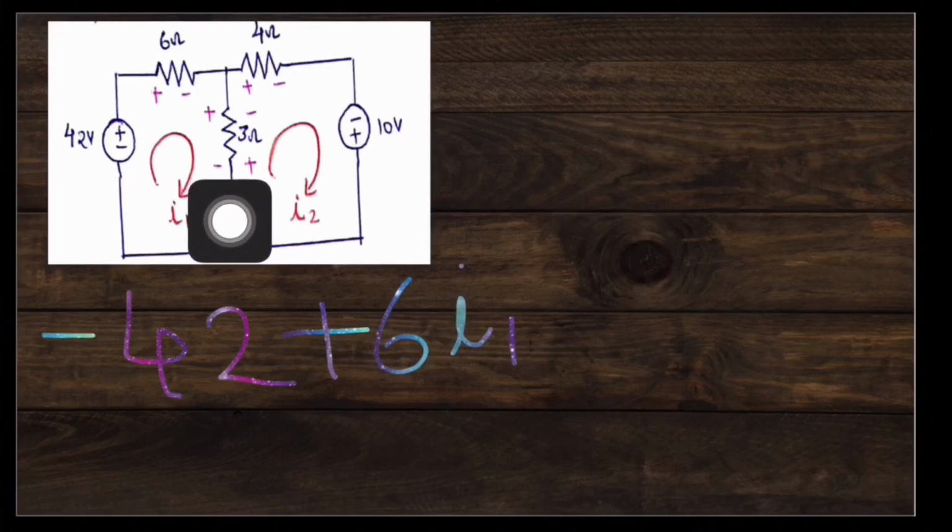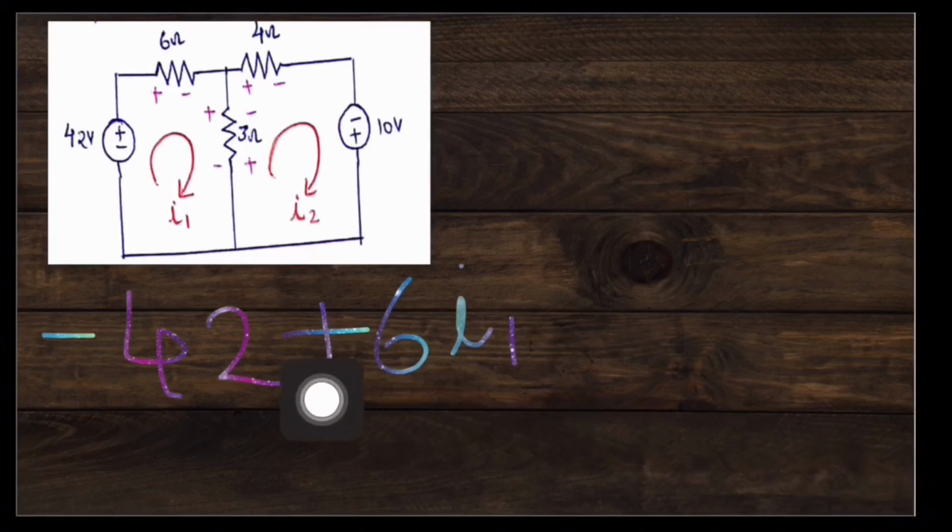Finally, the voltage drop across this 3 ohm. You can see this 3 ohm resistor is common to both meshes, and two mesh currents I1 and I2 are flowing through this 3 ohm in opposite direction. As I said to you earlier, when there is a resistor common to two meshes, the total current through that common resistor should be taken as assumed current in which KVL is applying plus assumed current of the adjacent mesh in same direction minus assumed current of the adjacent mesh in opposite direction.